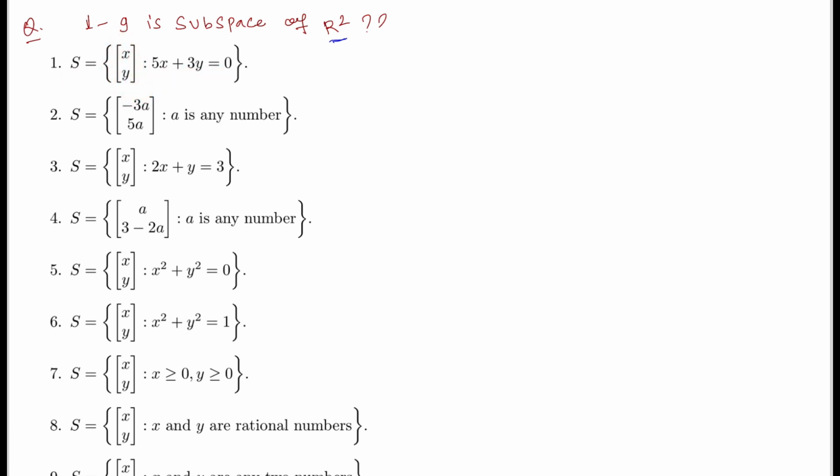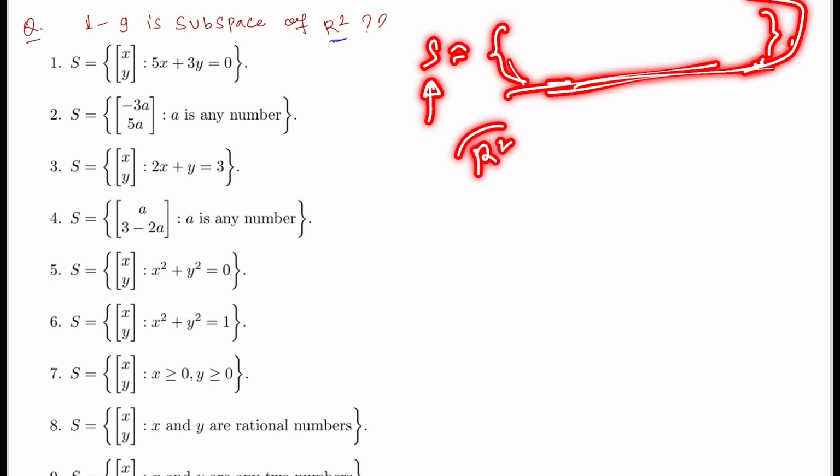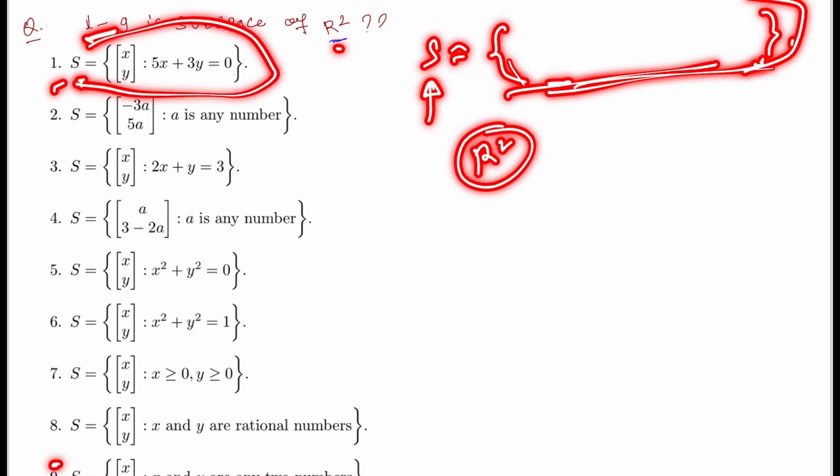The set S may have infinitely many vectors, so we just need to find out whether this set S is a subspace of R square or not, for questions 1 to 9. We are just looking at the first question.